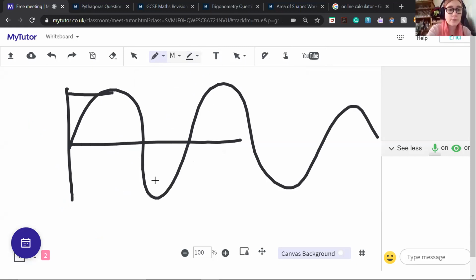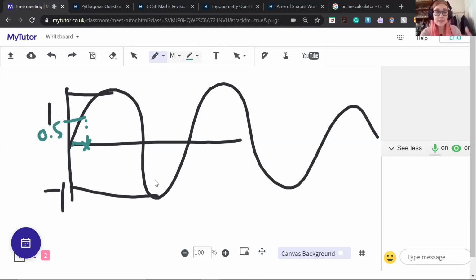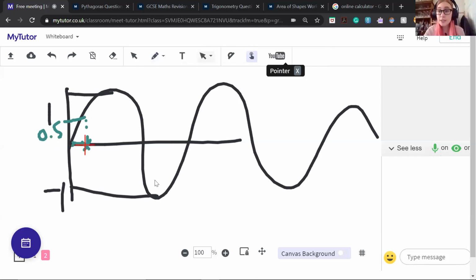It goes up to 1 and down to -1, and along the x-axis here are degrees. Say you ask your calculator, what's sine of 30? All your calculator does is look at this graph, go along, find 30 degrees, and spit out what that is. So if you do sine of 30, your calculator gives you 0.5. The reason is because if you go along here until you get to 30, the answer on the y-axis is 0.5.